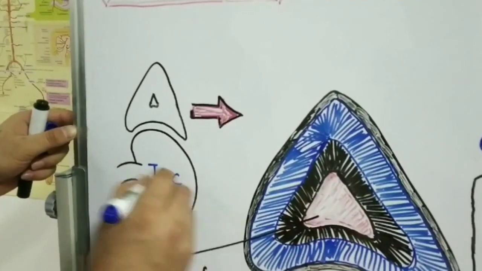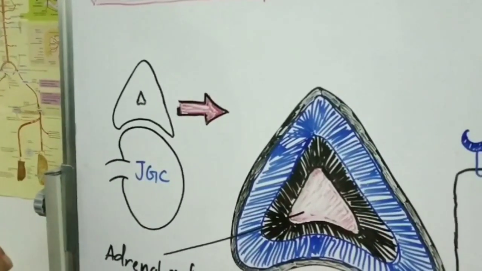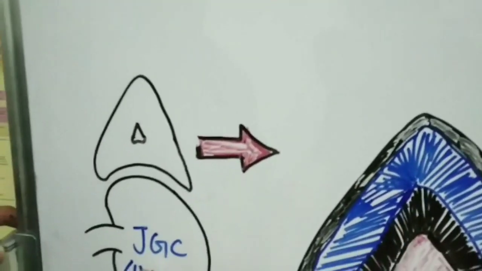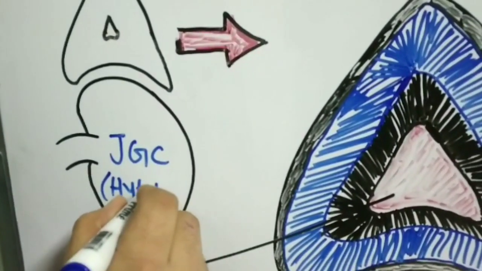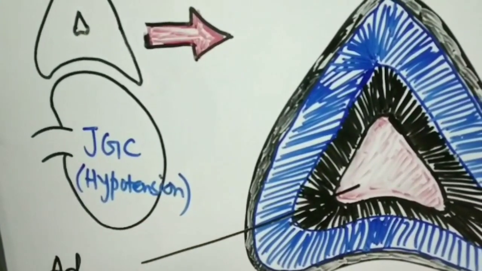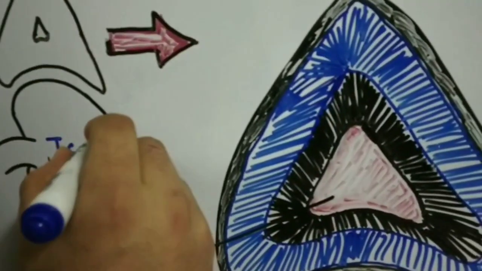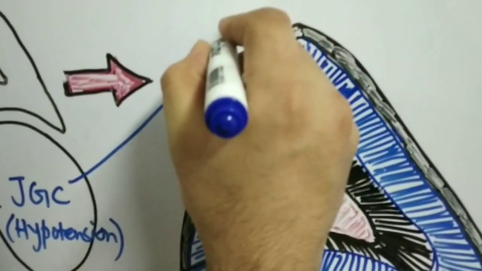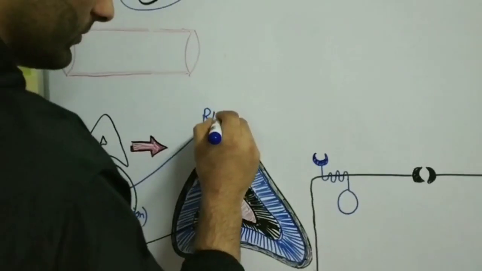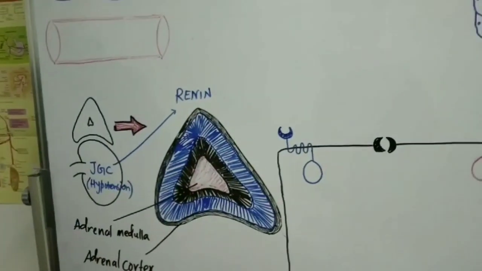What are these juxtaglomerular cells going to do during hypotension? These juxtaglomerular cells secrete an enzyme which is called renin.